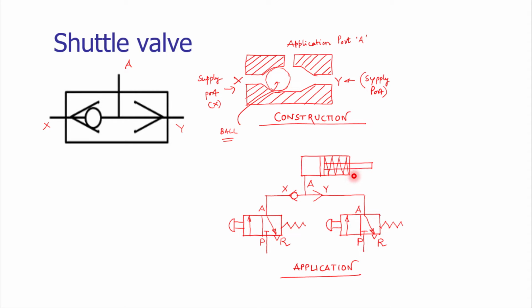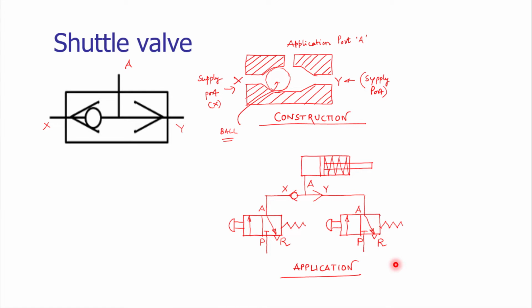This is a single acting cylinder and it is being controlled by using two valves. This is valve A and valve B, and valve A is connected to the X port of the shuttle valve and valve B is connected to the Y port of the shuttle valve. As valve A is actuated, we get the compressed fluid at port X, and through that we actuate the cylinder, we extend the cylinder.